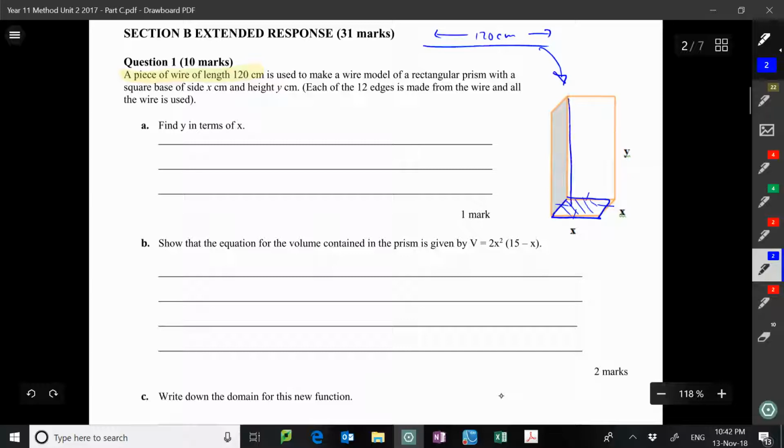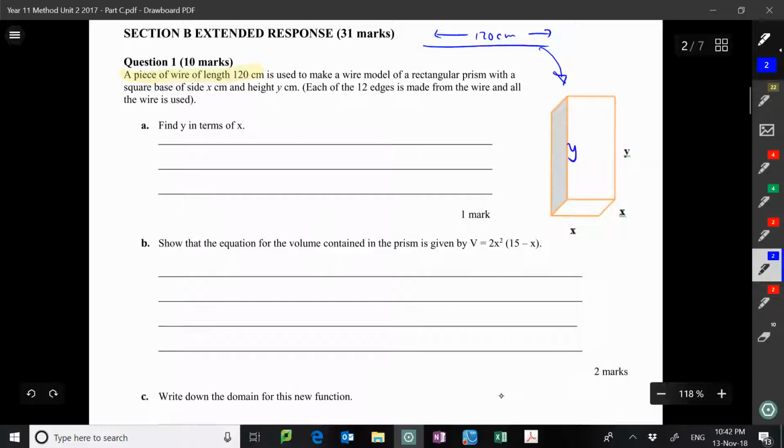So this thing here that I shape, bend it all around, this tells me that each of the 12 edges is made from the wire. They're really trying to tell you that I have 12 edges in total, and it's made of 120. So that should tell you that it's not the perimeter of a 2D shape, it's the perimeter of the entire 3D shape that should give you 120.